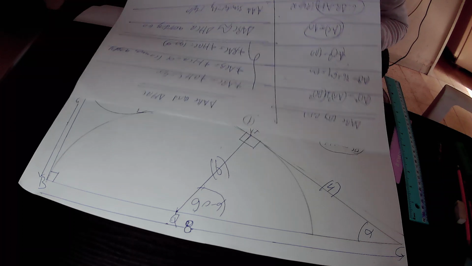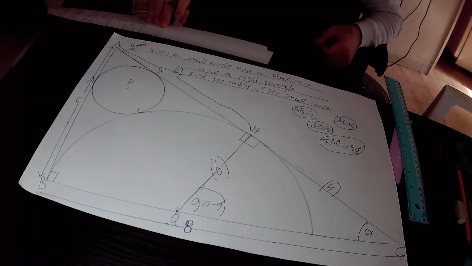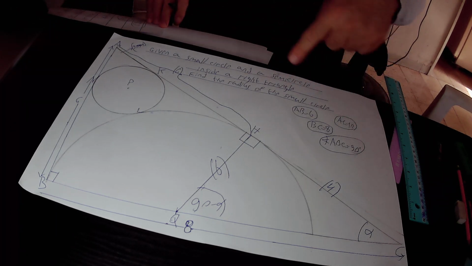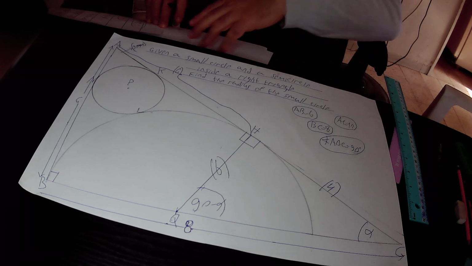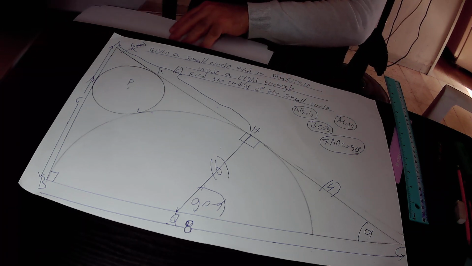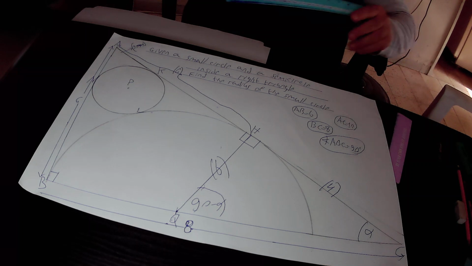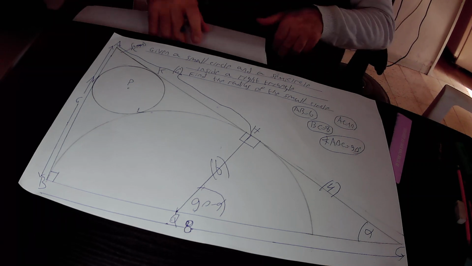And from the fact that the big right triangle ABC is similar to the small right triangle HQC, we will derive that the following relationship exists between their sides.